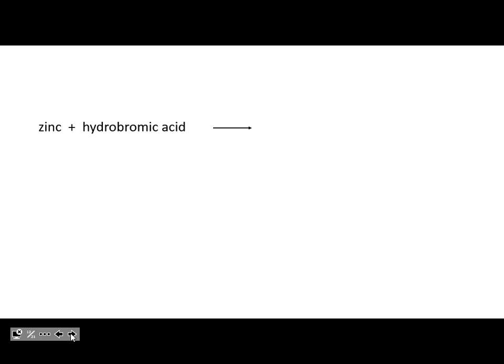Zinc and hydrobromic acid. So once again, I got to go back to my acid rules. I see that hydro in there, so I know that this is acid rule number 1. So I'm looking for bromide. So hydrobromic acid is HBr.